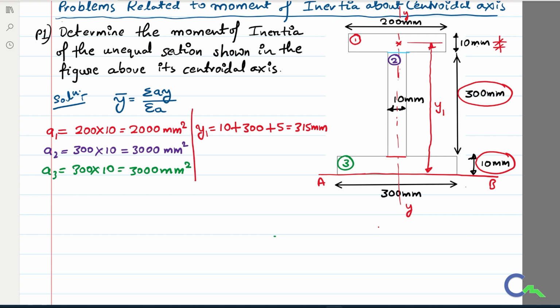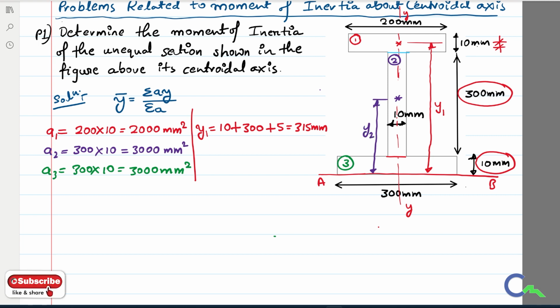Okay, so if I want to find the y2 value, how can we calculate y2? That is the distance to the centroid of the second figure. If you see in the problem, that is somewhere here. This is the y2 distance, from the reference axis to the centroid of the second figure.